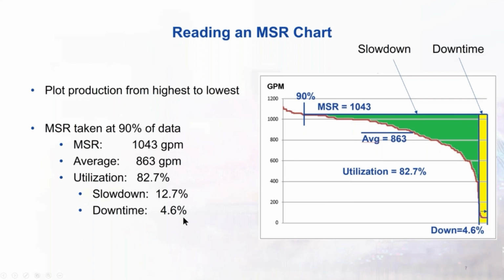So as we come up with ideas on how we're going to increase production, we have to address one or the other of these to get the utilization up. You can get the utilization up by affecting those, or you can take the MSR up by doing a capital investment. So it's simple to do. We've got a tool that will make the chart for you. You could build it by hand if you wanted, but for speed's sake and consistency, Parkview has a tool to do that.